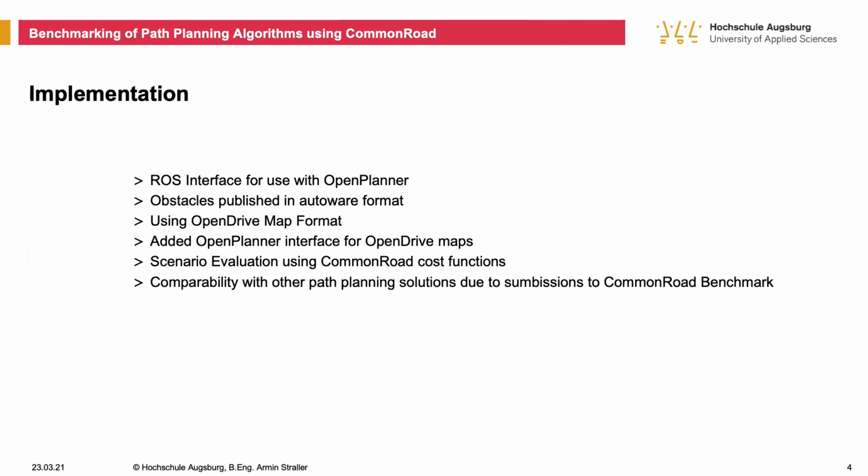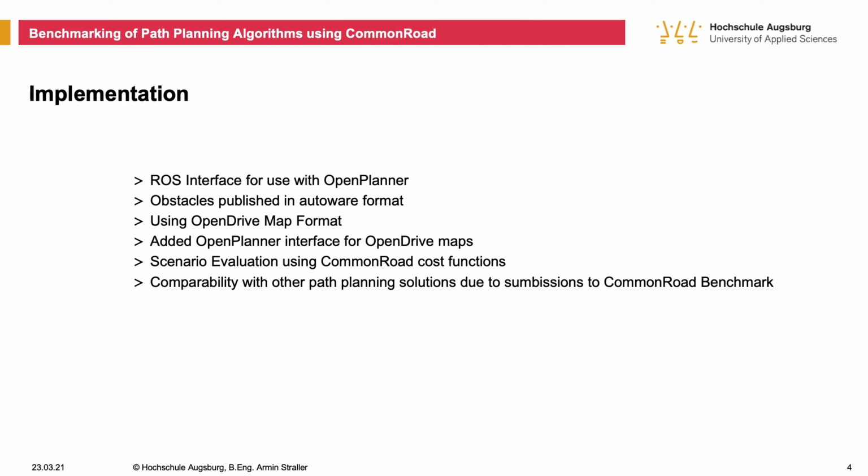The Common Road benchmark did only support Python, and I added a ROS interface to use with OpenPlanner, as well as an object or obstacle publisher in the Autoware format, so you can interfere with them.